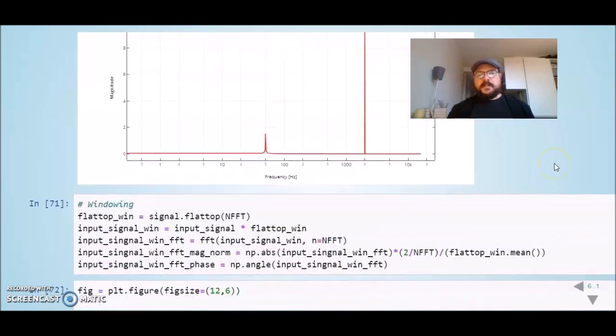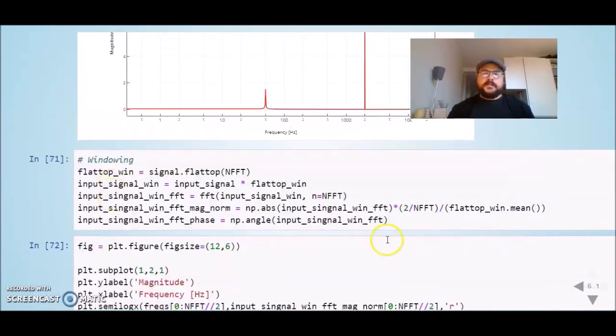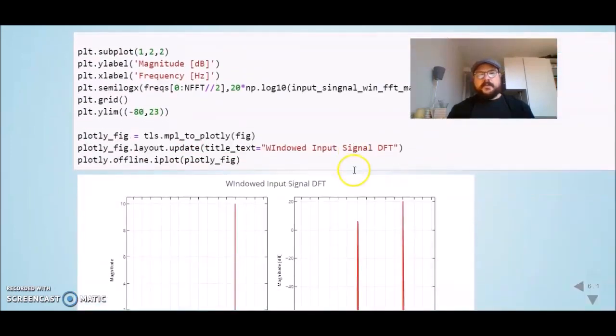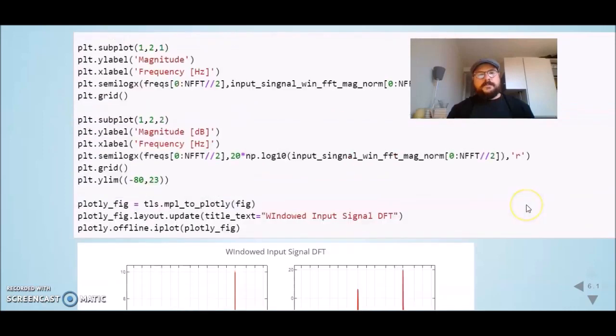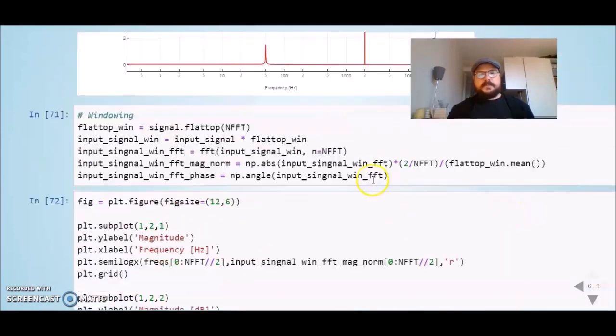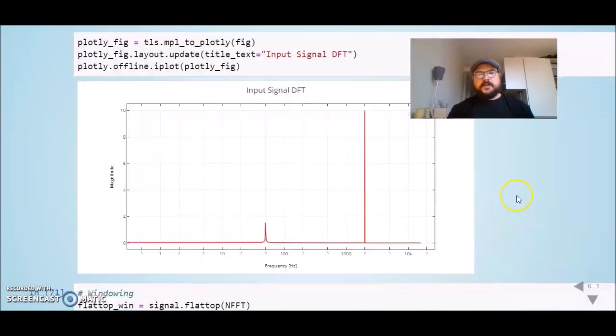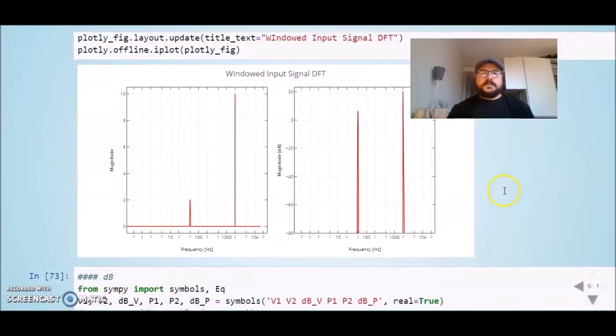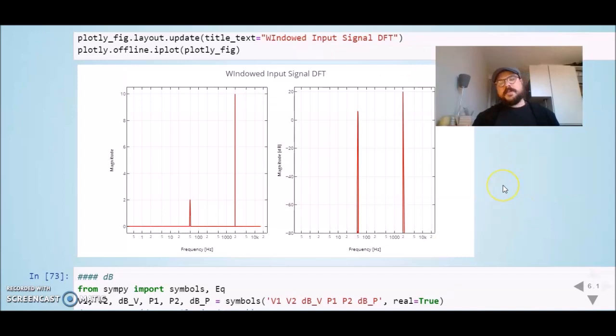Then I'm taking the FFT of the windowed input signal, taking into consideration also the window, and now we have here our new windowed signal, the magnitude and also in dB scale. So now the same signal but a windowed version of it, and we see now we have 2 at 50 Hertz and 10 at 2000 Hertz, which were the original amplitudes of our input signal.